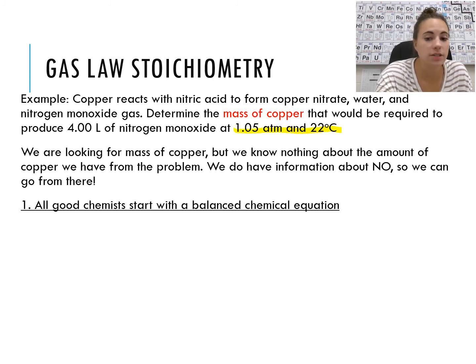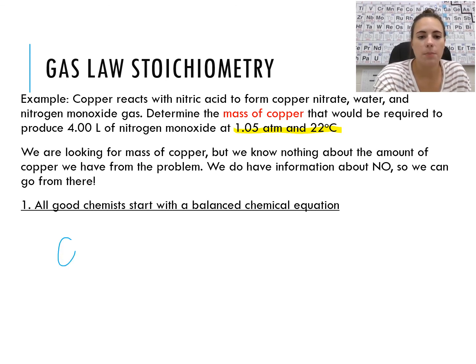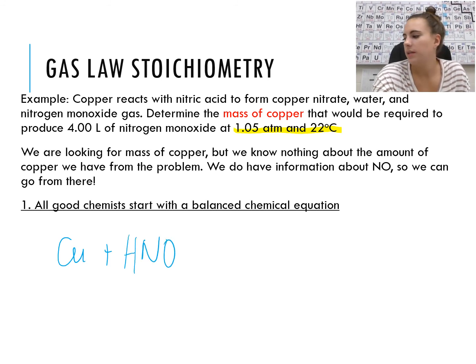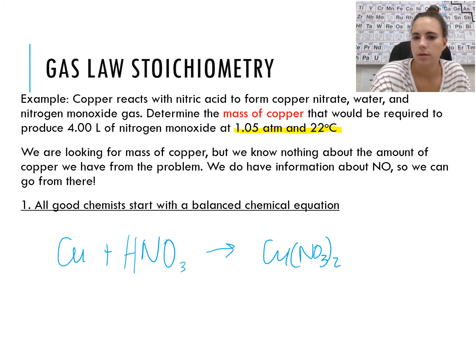But first things first, we have to start with a balanced chemical equation. So I have copper reacting with nitric acid. So nitric means that it came from nitrate, so HNO3, yields copper nitrate plus nitrogen monoxide plus water.